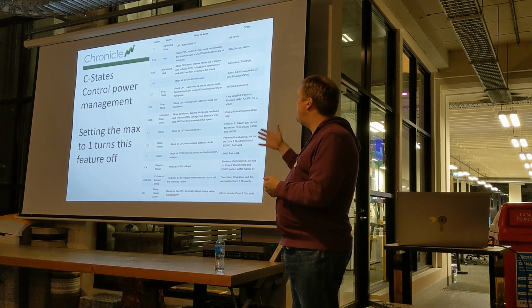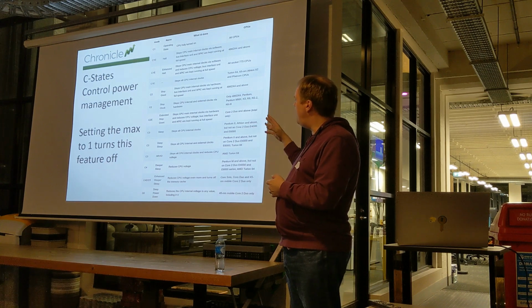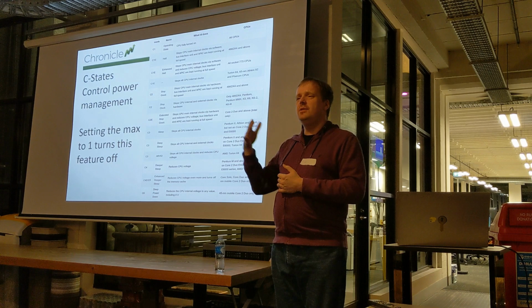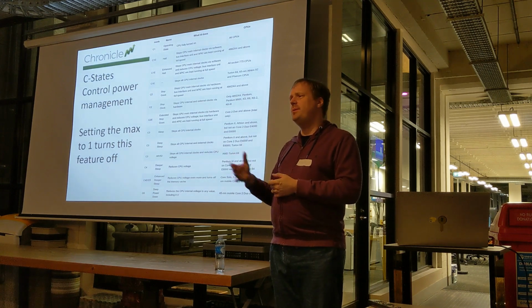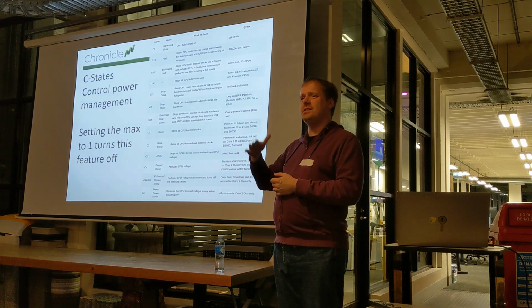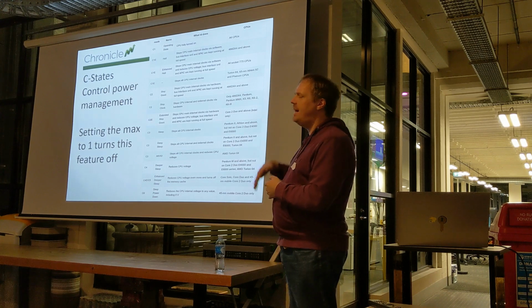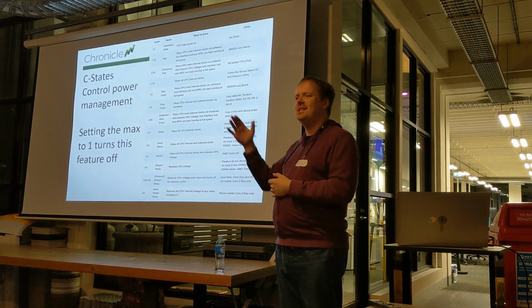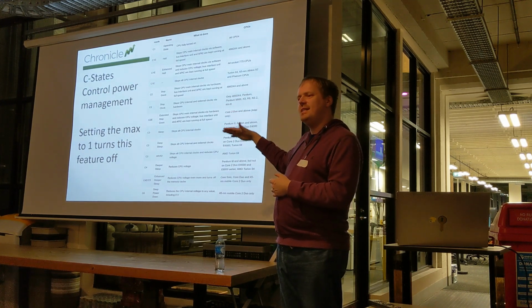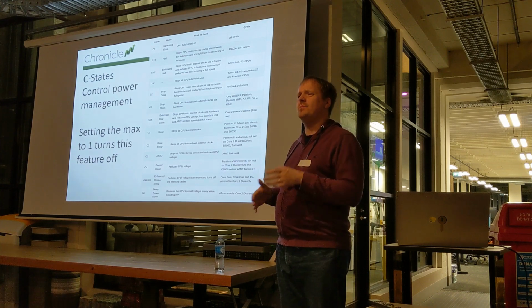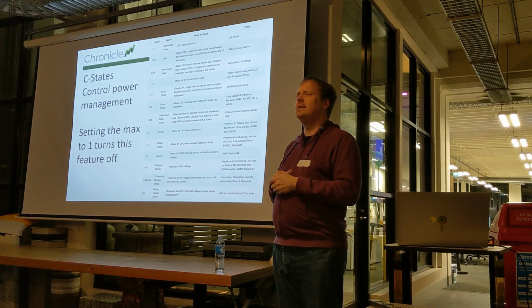However, depending on the processor, different state levels all the way down to level 6 use less and less power. The problem is that the processor runs slower and slower. It's not entirely a straight translation, but different states have less power consumption, but the CPU runs slower.